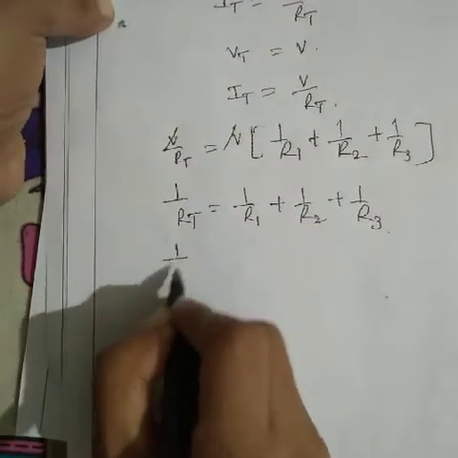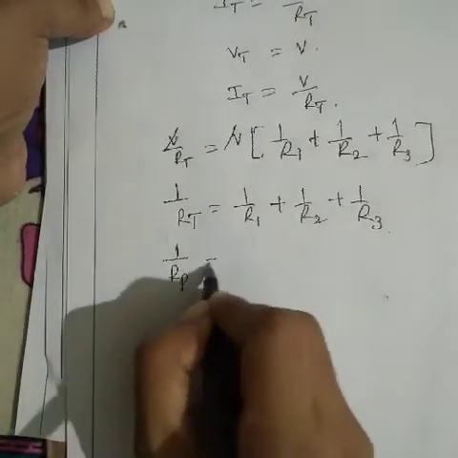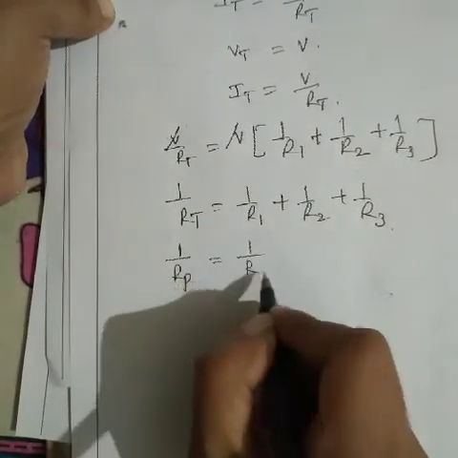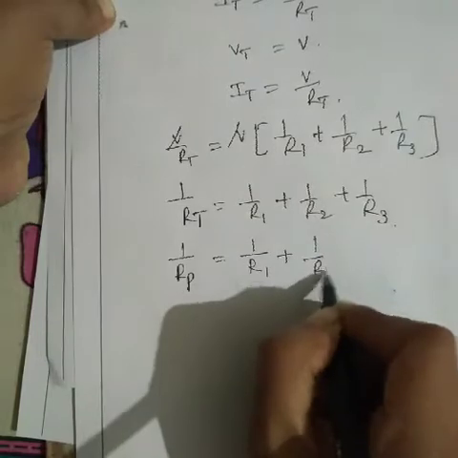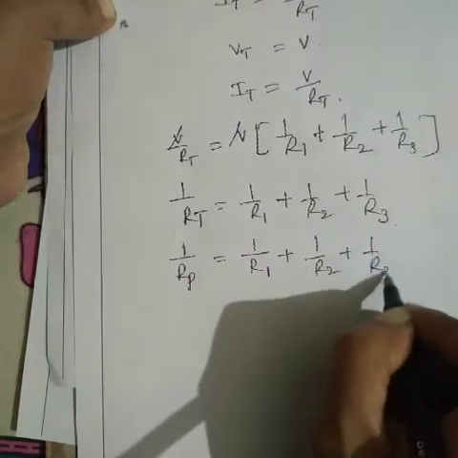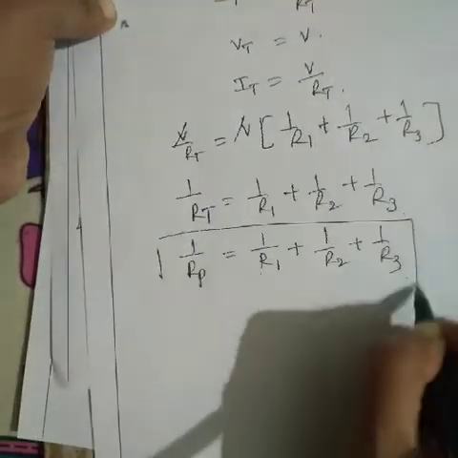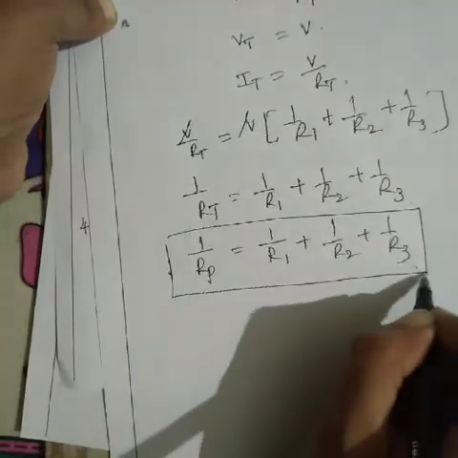Therefore, 1 by RT you replace as 1 by RP because it is in parallel: 1 by R1 plus 1 by R2 plus 1 by R3. This is your parallel equation.